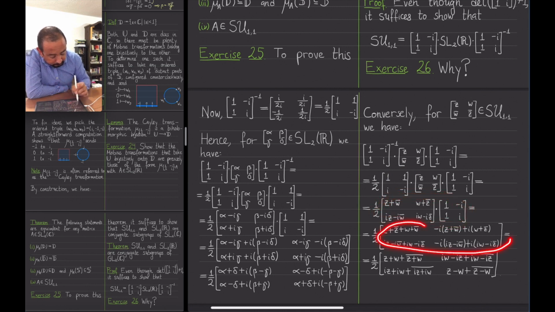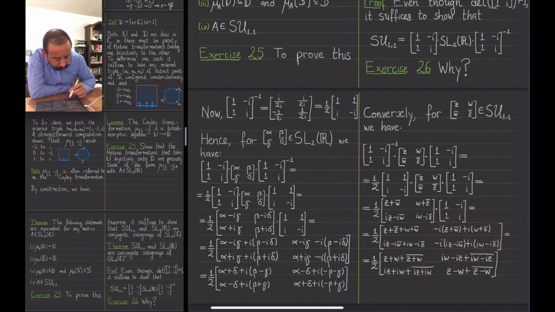We arrive at something here, and then we write it in a convenient way. For instance, this guy we can write as Z plus W plus the conjugate. This one we can write as iZ plus iW plus this conjugate. When you conjugate this one, conjugation opens sums and products, so that's why you have minus i here and a minus i here. And similarly this and this.